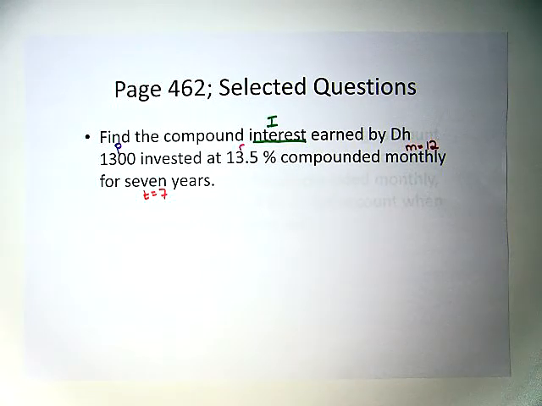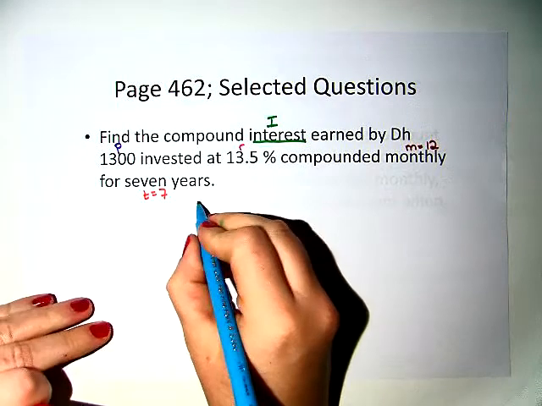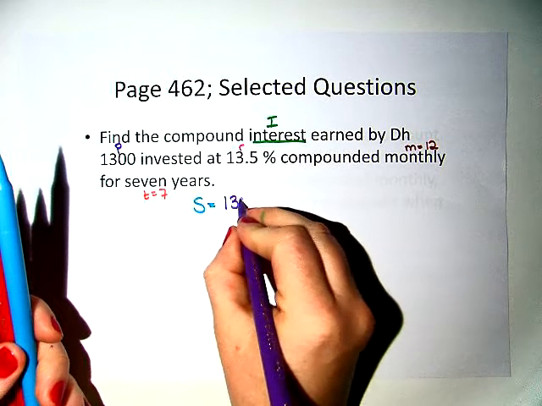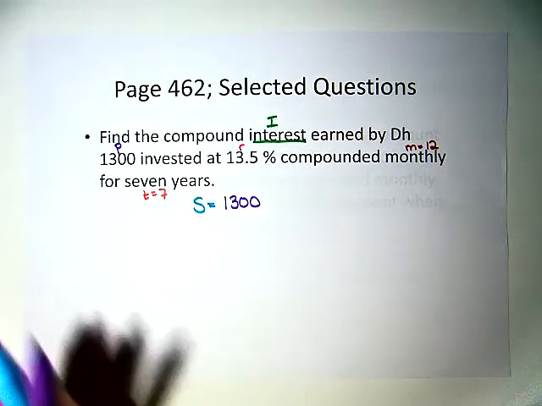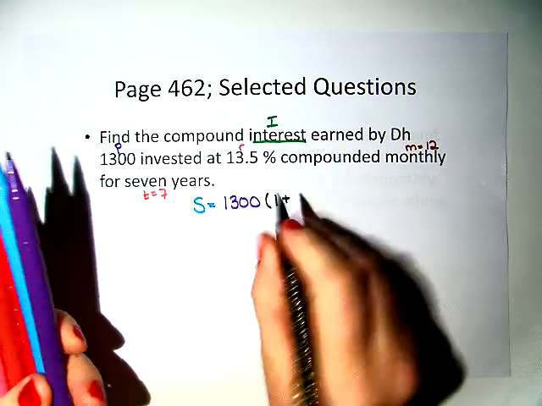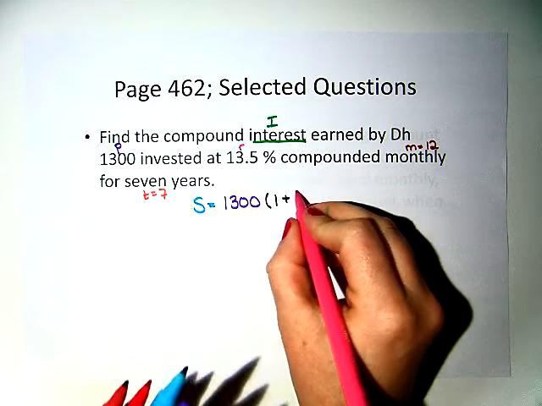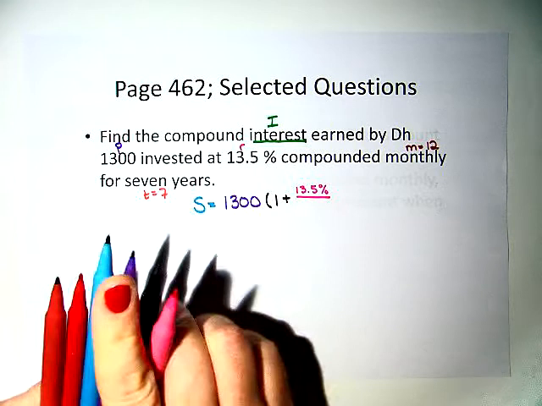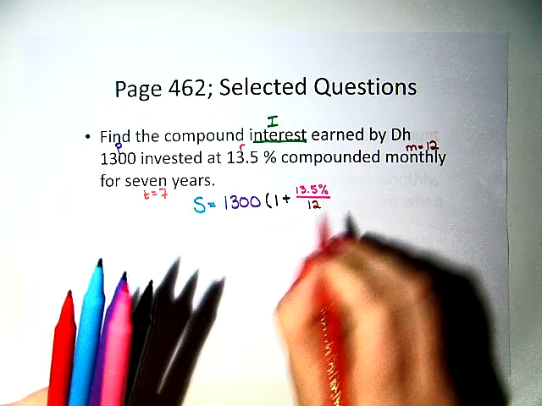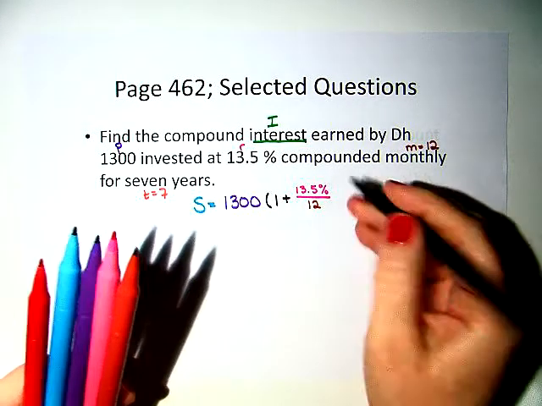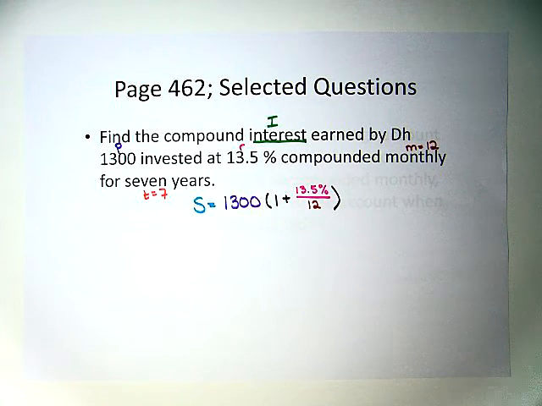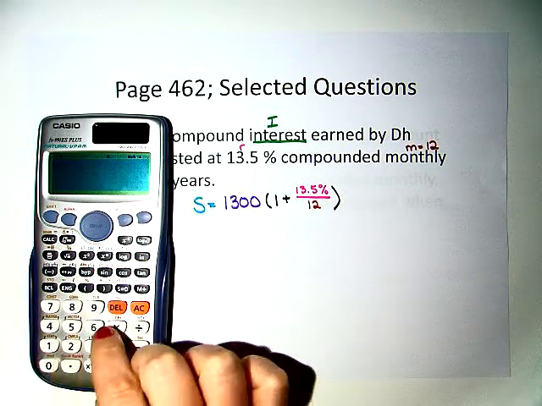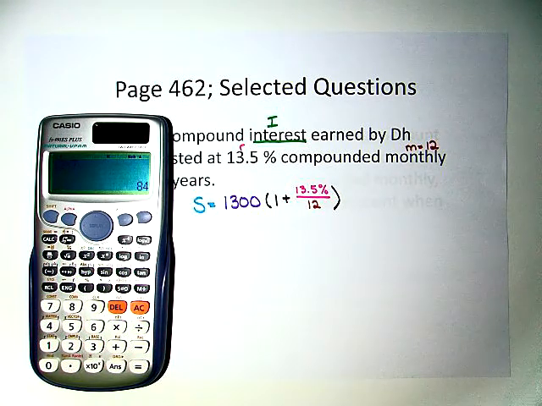Before we find our I, we need to find our S. S equals 1,300 times 1 plus our rate over our M, 13.5% over 12, raised to the, well, we have 12 and 7, so we multiply them together. 12 times 7, 84th power.